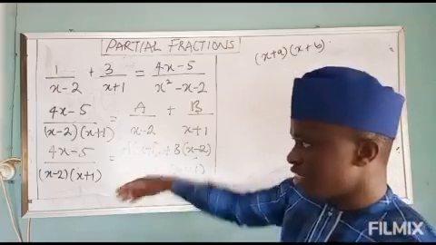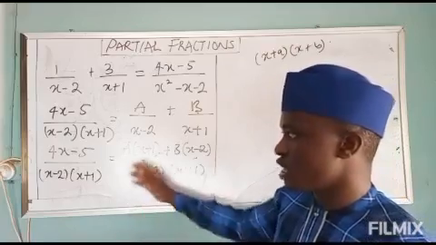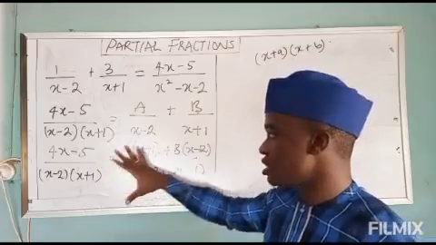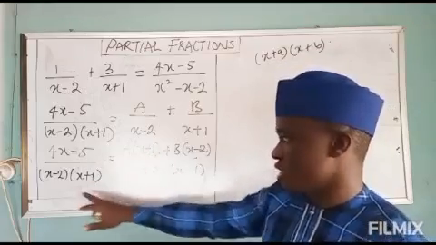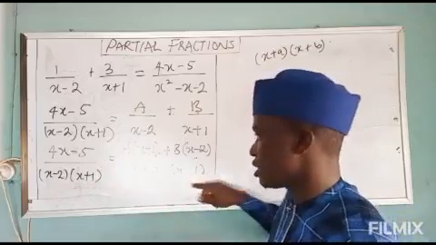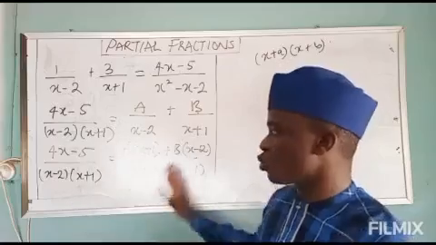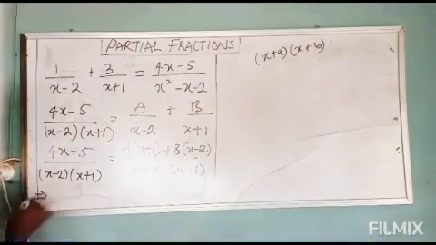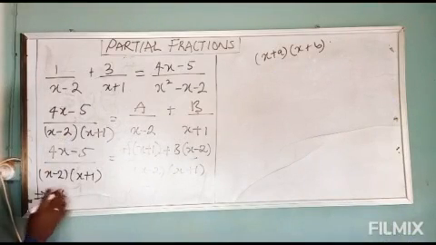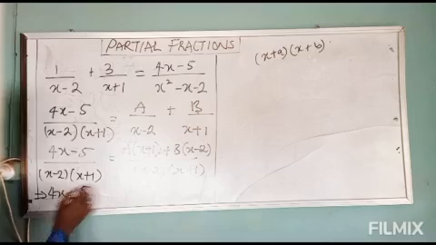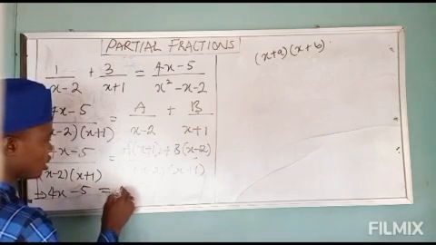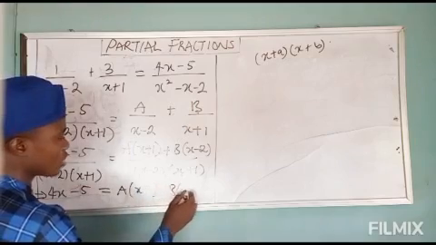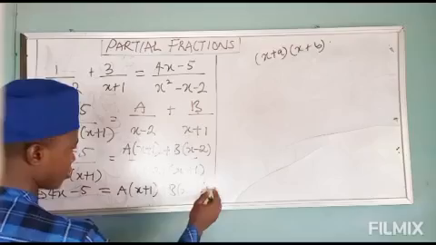So to clear this fraction, you multiply both sides by the LCM, because the LCM of this equation is this one and this. So now multiply through by this and this. Actually this will result in 4x minus 5 equals A(x plus 1) plus B(x minus 2).